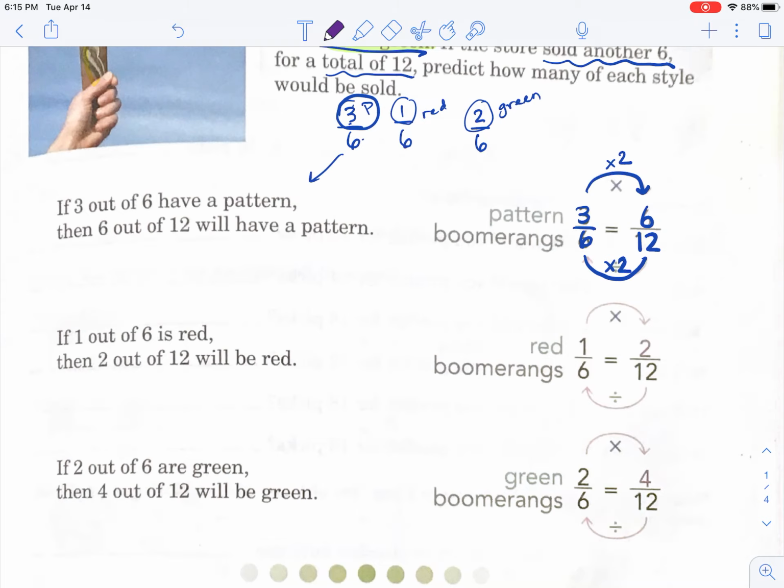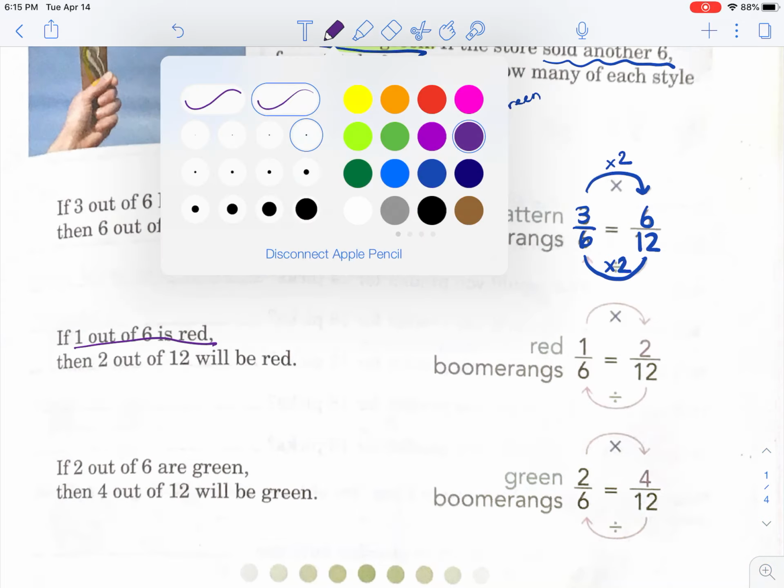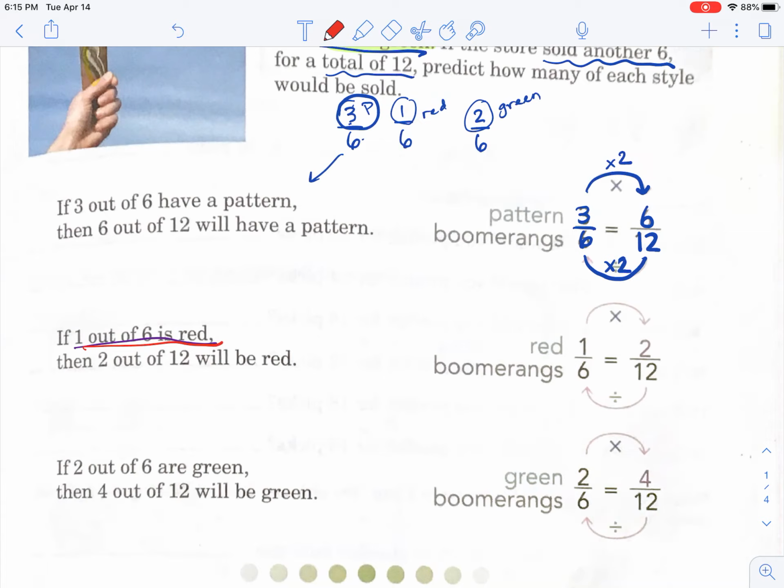So if 1 out of 6 is red, I'll even use red, 1 out of 6 is red, 2 out of 12 would be red. Why? Because they just doubled it. Let's show you.